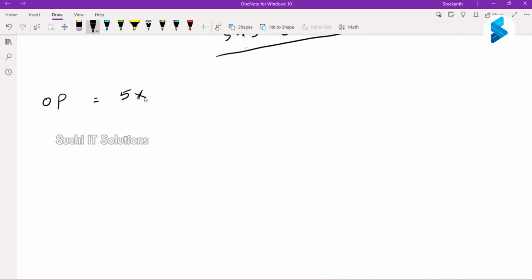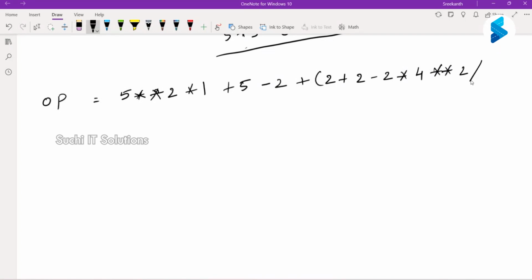5 star star 2 star 1 plus 5 minus 2 plus 2 plus 2 minus 2 into 4 into 2 by 2 plus 4 star star 2.